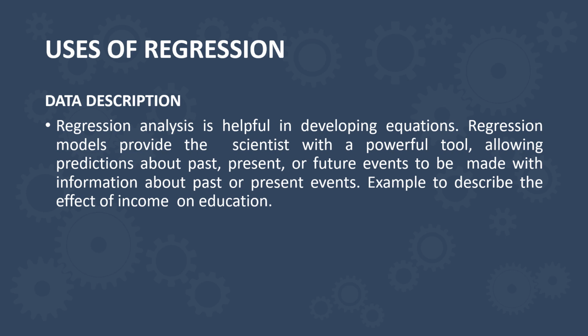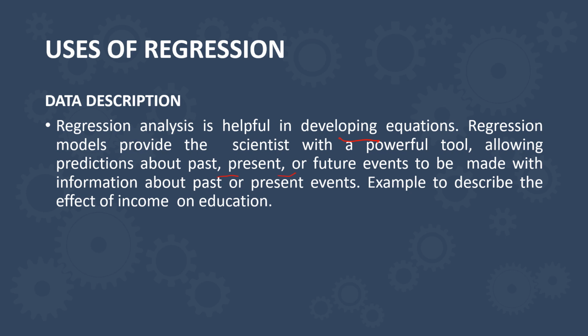Now, let's explore the practical applications of regression analysis and how it can be used to describe and predict various phenomena. So, regression analysis helps us to create equations between different variables. So, this is useful for making predictions about what might happen based on past or present data, or could be future events.